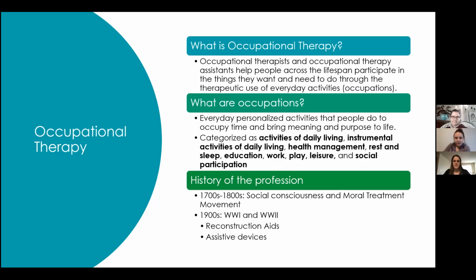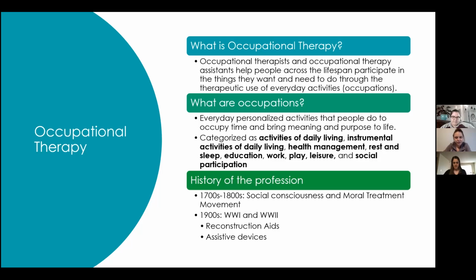A little bit about the history of the OT profession. Social consciousness and the moral treatment movement in the 17 and 1800s brought more attention to physically and mentally disabled individuals and how they were treated and cared for. So people were needed to care for these individuals and keep them occupied and engaged in different activities. That's kind of where OT began.